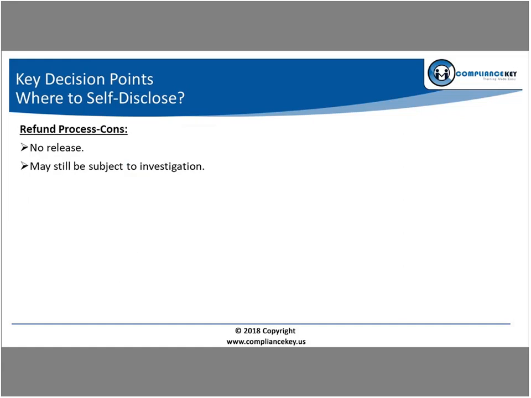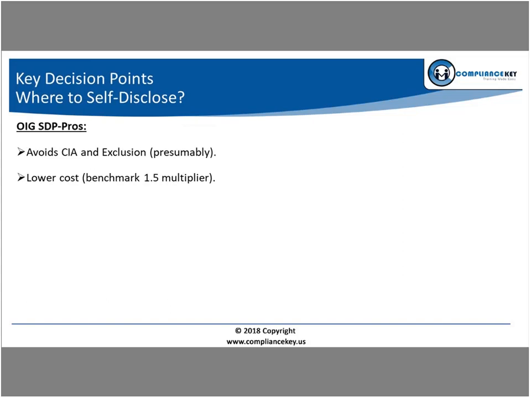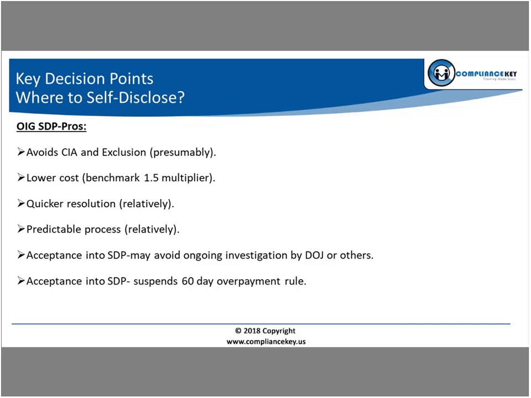On the con side, there's no release in terms of potential liability under fraud and abuse laws, and you may still be subject to investigation from the government agency. So that's something to keep in the back of your mind. There's always at least some risk with that.